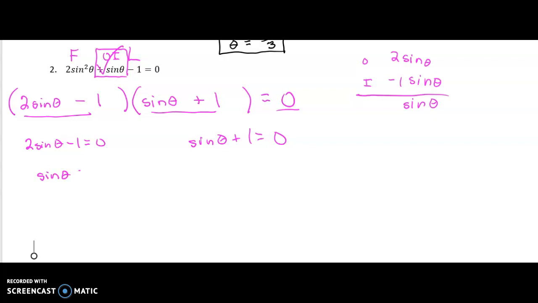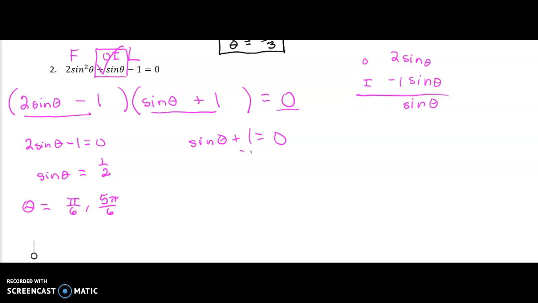So we'll get sine theta equals 1/2. What angles have a sine value of 1/2 that lie on the upper half of the circle, 0 to pi? That would be 30, which is pi over 6, and 150, 5 pi over 6.